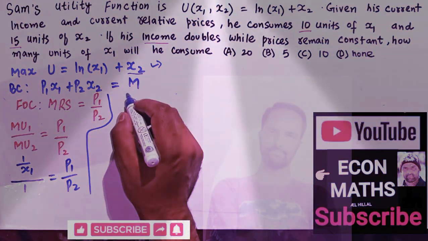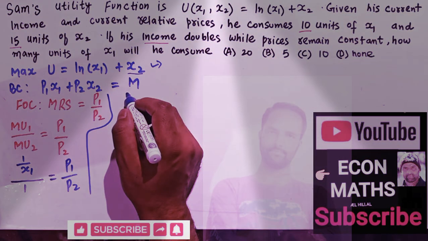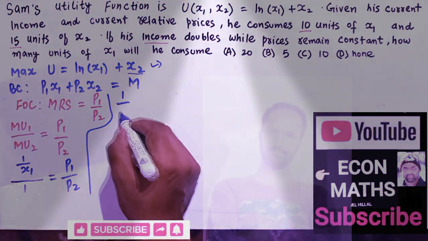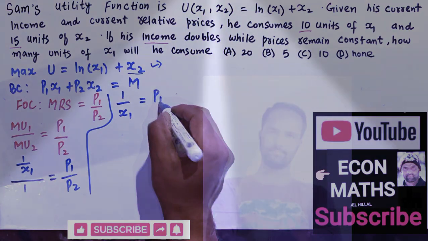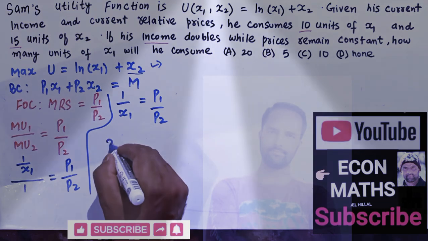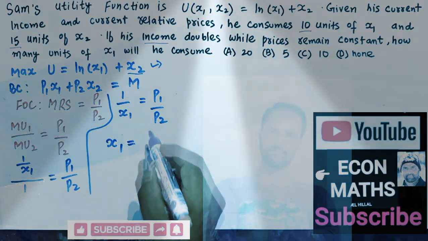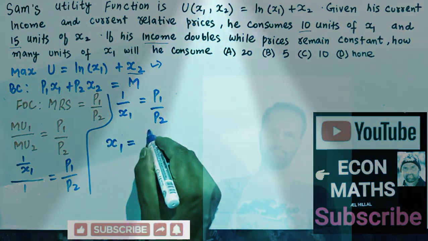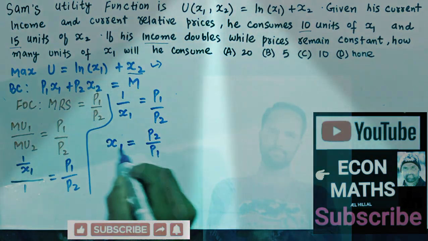Or we can write it like this: 1 upon x1 should be equal to p1 upon p2. Solving for x1, if I reciprocate both sides, I will get x1 = p2 upon p1.